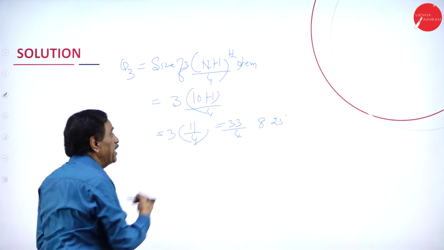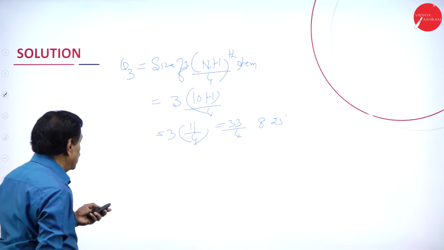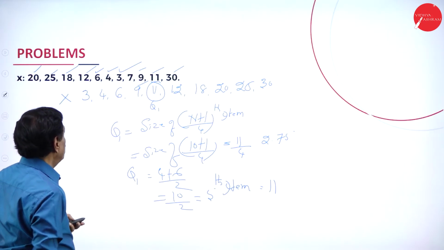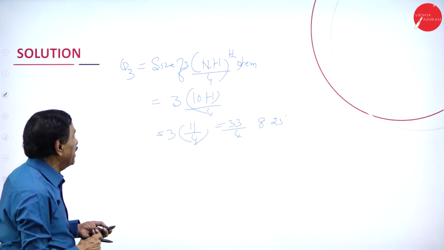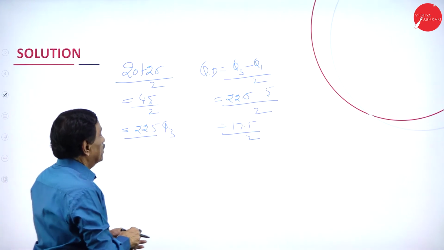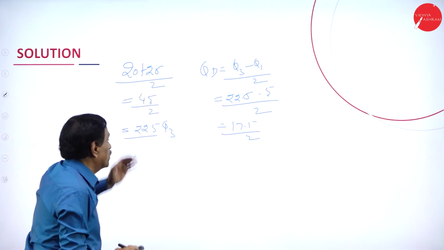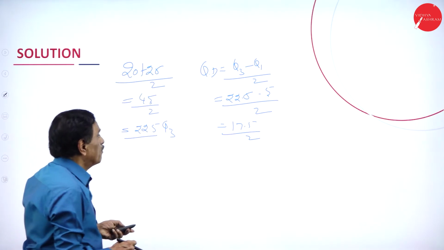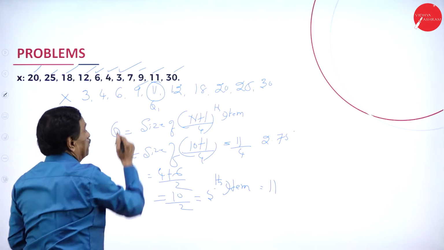Same thing you have to compare. You have to take now 8.25. You have taken the 8th item and the 9th item. Now see that. When you are solving the problem, you have taken the 8th item and the 9th item divided by 2. See the board? What's your 8th item? The 8th item is 20, the 9th item 25, divided by 2, it is 22.5. Same thing, the 5th item you have to take. What is the 5th item? 11.